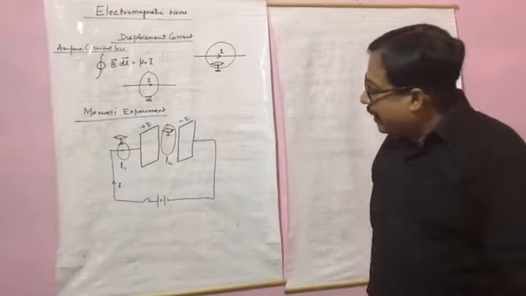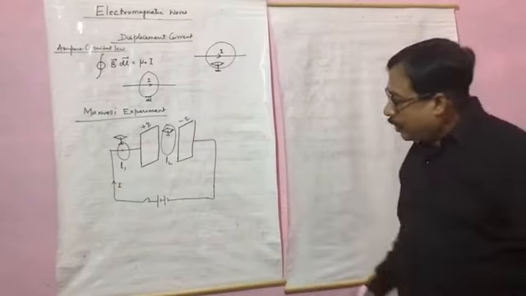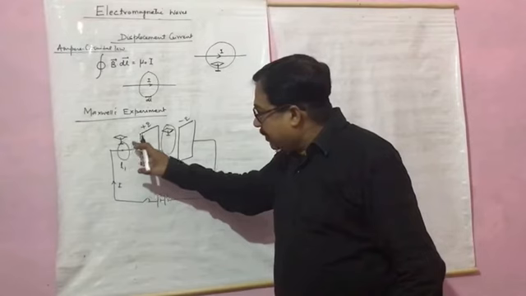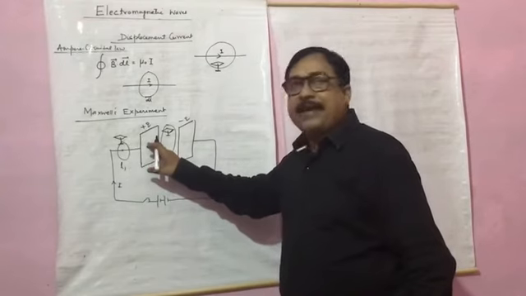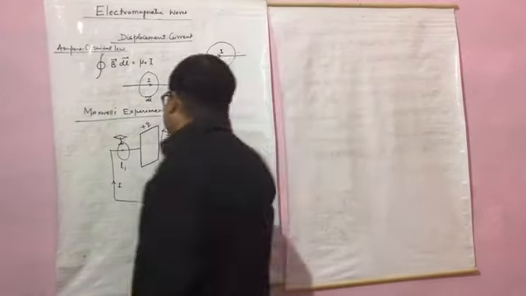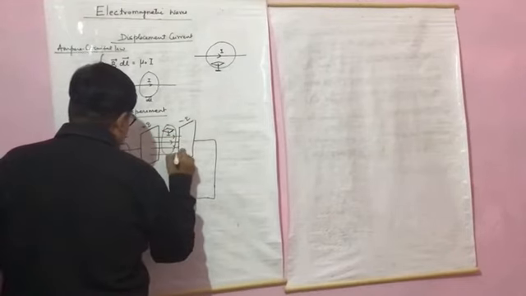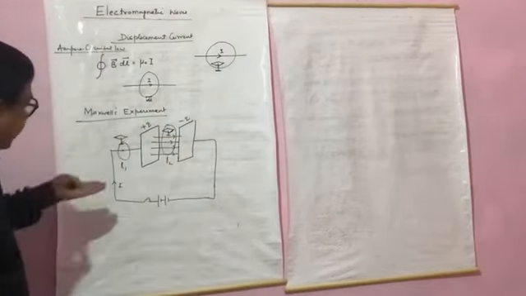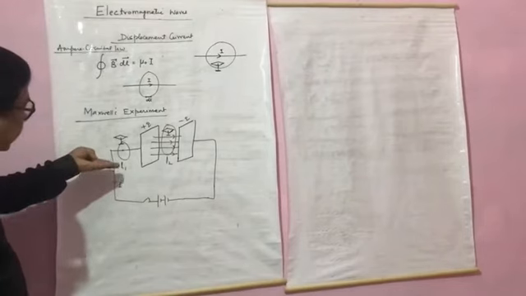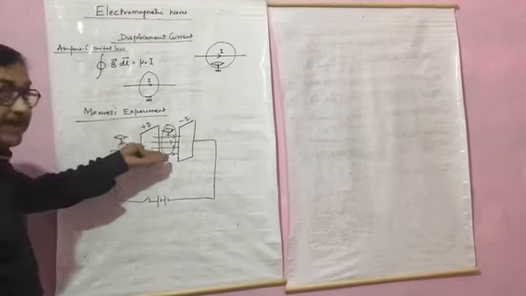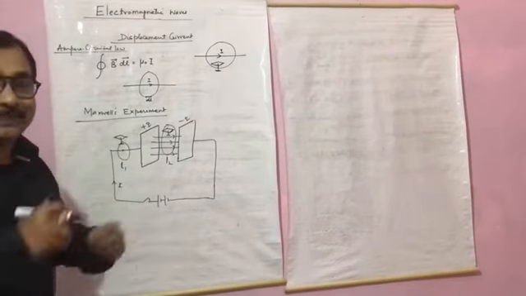Then Maxwell gave the explanation: when the charge gradually accumulates on this plate, an electric field is also established between the plates. As the charge increases, the electric field between the two plates also increases.